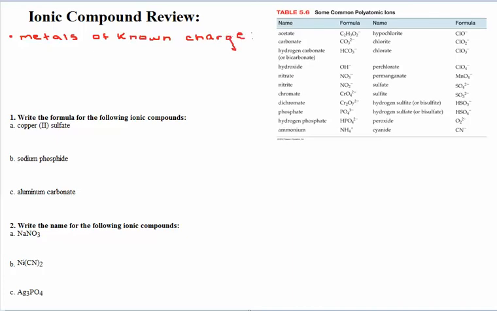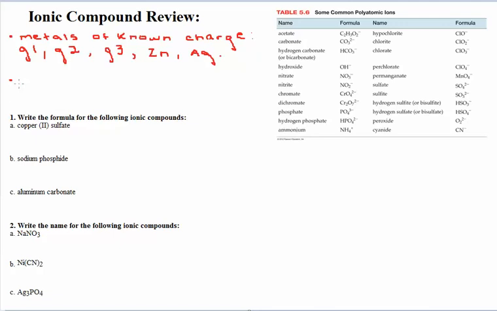This includes your group 1, your alkali metals, your group 2, your group 3, with boron, aluminum at the top, and then you have two exceptions. You have zinc, which always has a +2 charge, and then silver, which is +1.